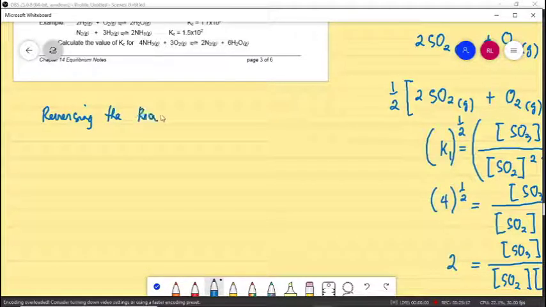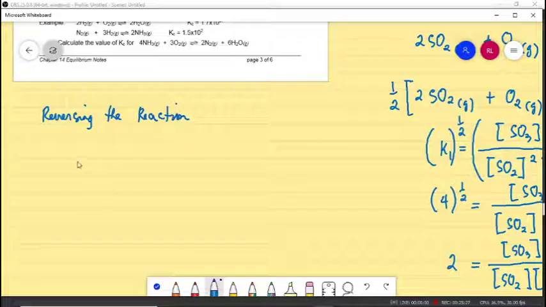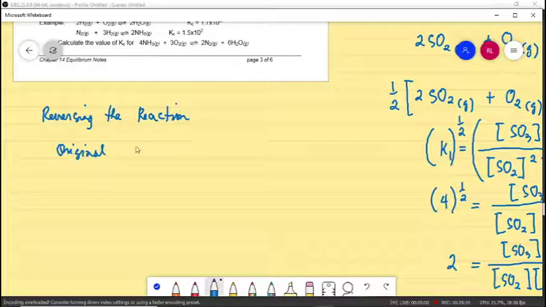Just refer to the PDF copy of this module. Let us say that this is the original equation.